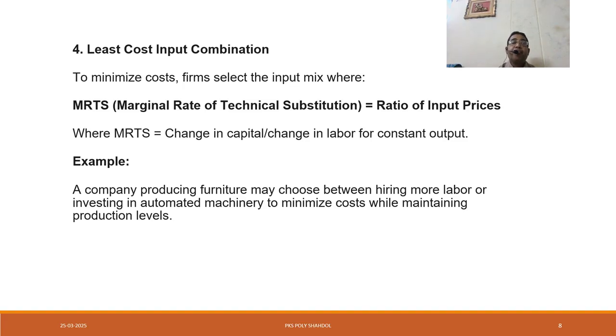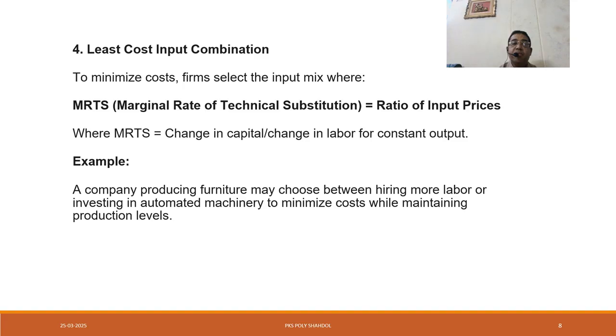To minimize the cost, firms select the input mix where MRTS, the marginal rate of technical substitution, is equal to the ratio of input prices, where MRTS is the change in capital per unit change in labor for constant output.